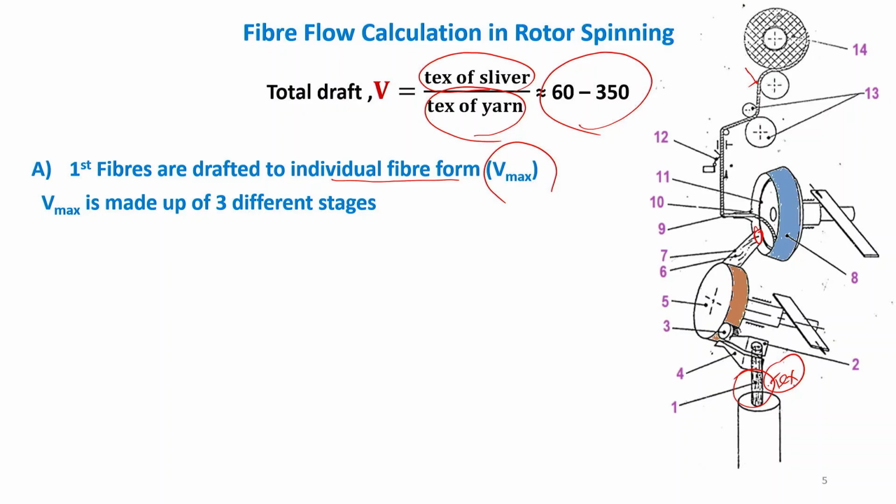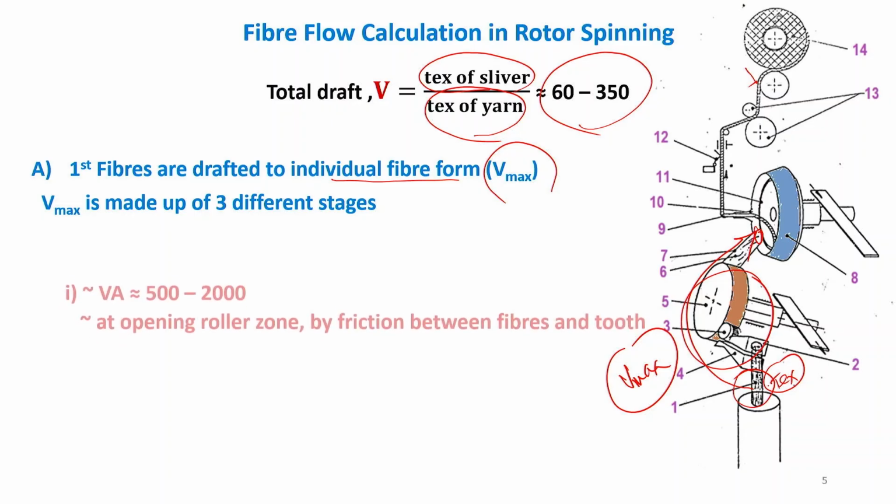The total, maximum draft from sliver to rotor groove is termed V max. It has three different stages. The first major draft is at the opening roller, from the feed roller to the opening roller.